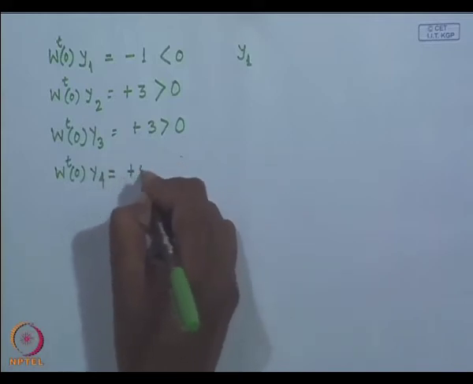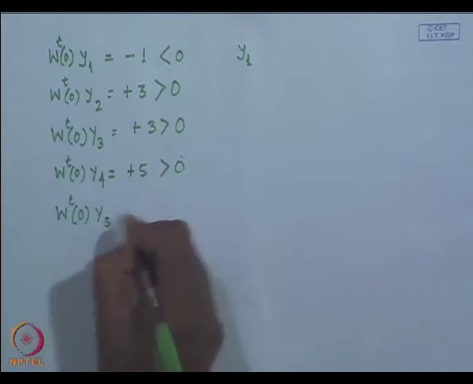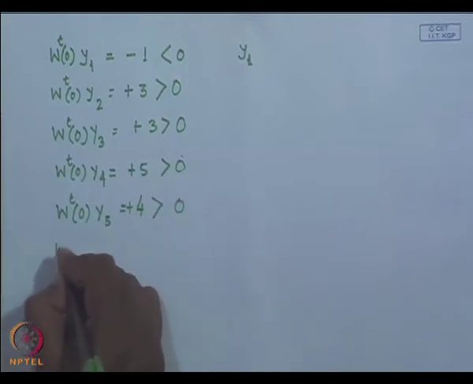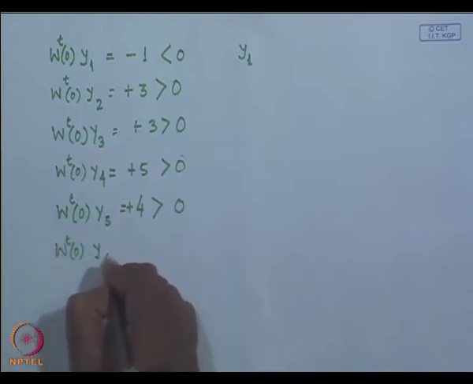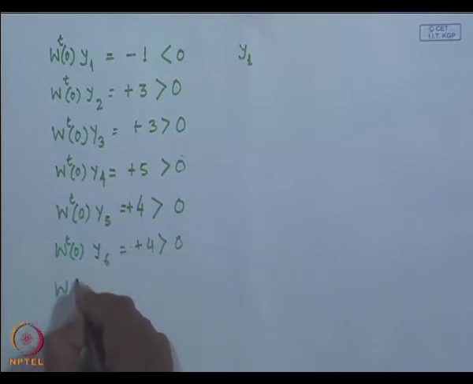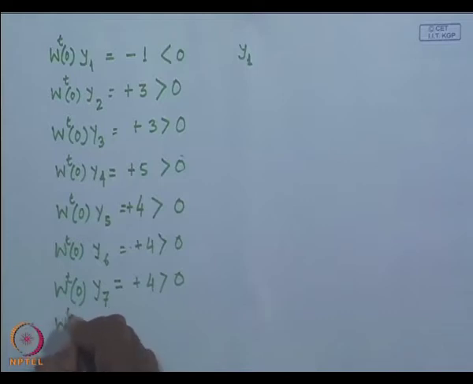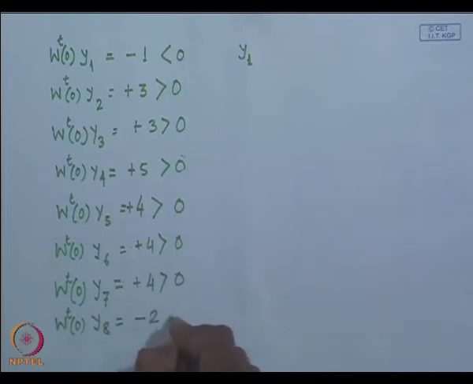w 0 transpose y 4 will come out to be plus 5, that is again greater than 0. w 0 transpose y 5 will be 4 if I compute this, which is again greater than 0. w 0 transpose y 6 will again be plus 4, greater than 0. w 0 transpose y 7, if you compute, will be 4 again, which is greater than 0. w 0 transpose y 8, if you compute this, will be minus 2, which is less than 0.